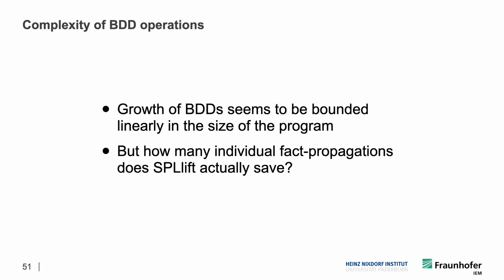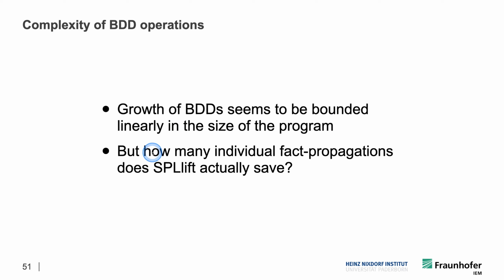So that's something I didn't really prove, but that's something that seems intuitive from the way we construct the analysis, and the analysis constructs the exploded supergraph. So that's already somewhat encouraging, right? So there's a linear growth in the size of the BDD.